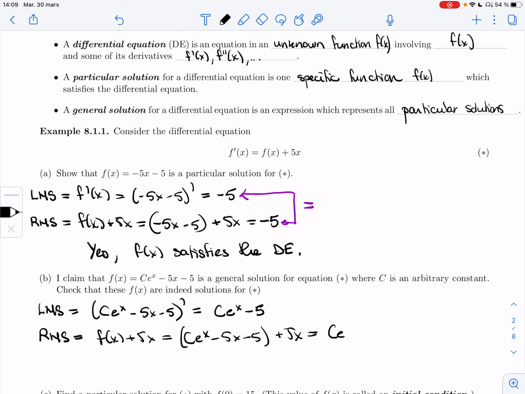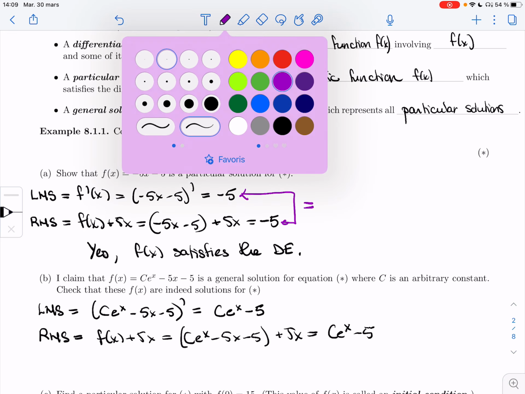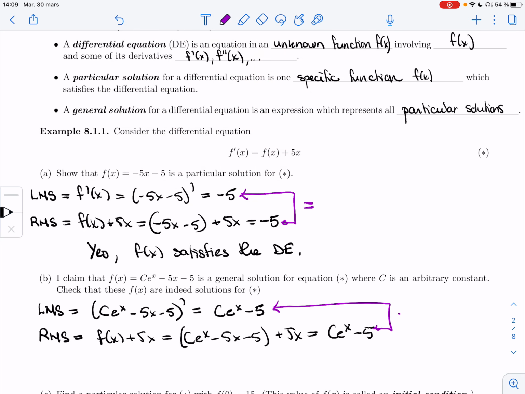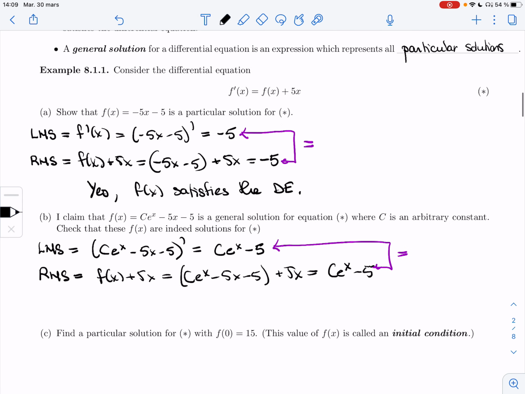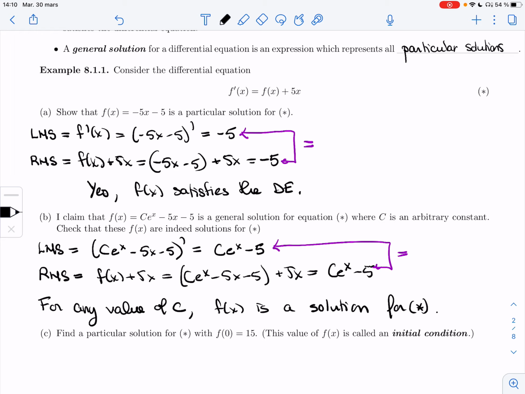It's going to cancel the middle term, and I'm going to get c e to the x minus 5. The two sides are equal. So for any value c, f of x is a solution for star. That's what a general solution looks like. It has some arbitrary constants that you could replace by any number you want and still get a solution.